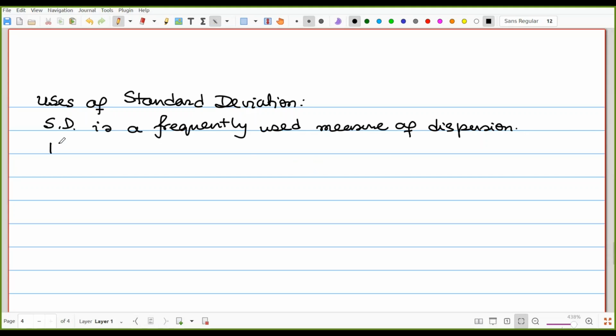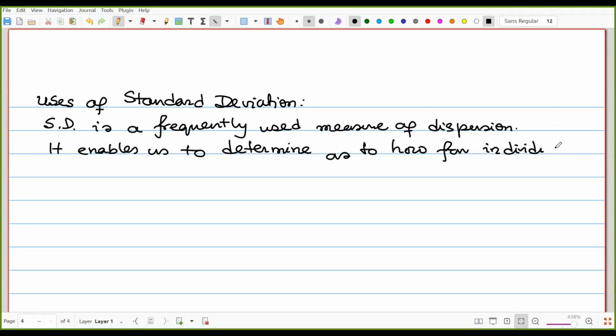Now, it enables us to determine how far the individual items in a distribution deviate from its mean.